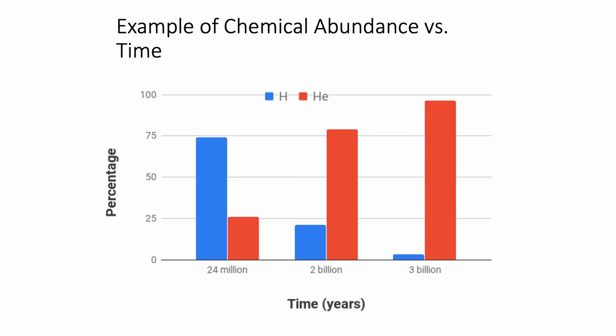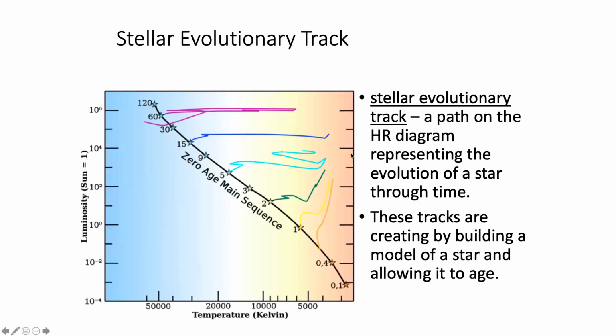And I don't remember if it was last week or the week before, but I recall telling you that the mass of a star is the most defining characteristic of that star. Or the mass of the main sequence star predetermines the rest of its life. And so here are some examples of different stellar evolutionary tracks.